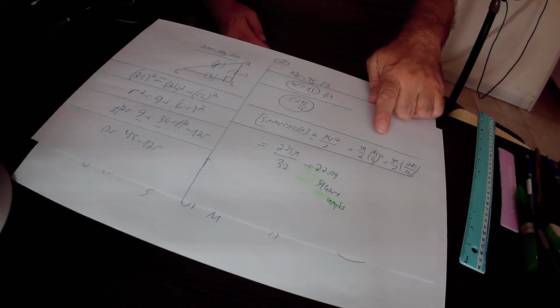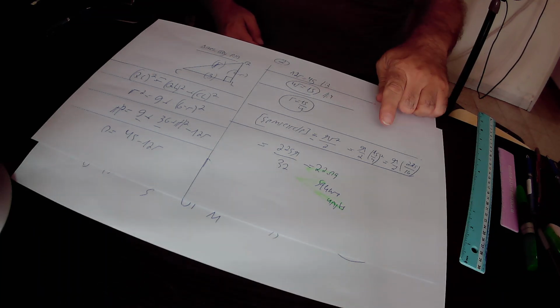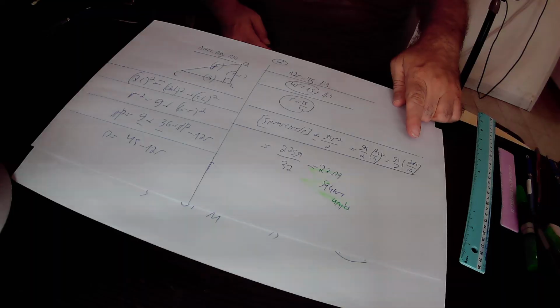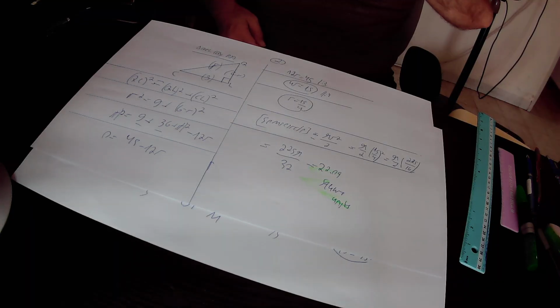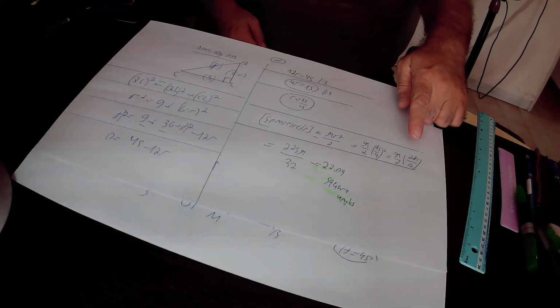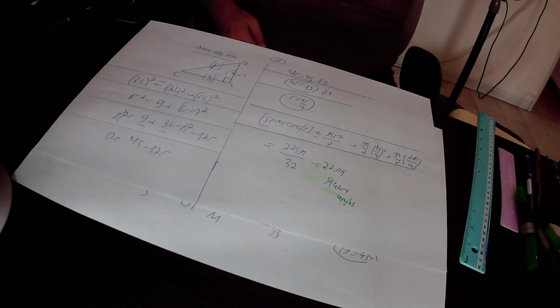R is 15 over 4, therefore r squared is (15 over 4) squared, which equals 15 squared, that is 225, over 4 squared, that is 16. So in total, the semicircle equals 225 pi over 2 times 16, that is 32. So it is 225 pi over 32 square meters in size.